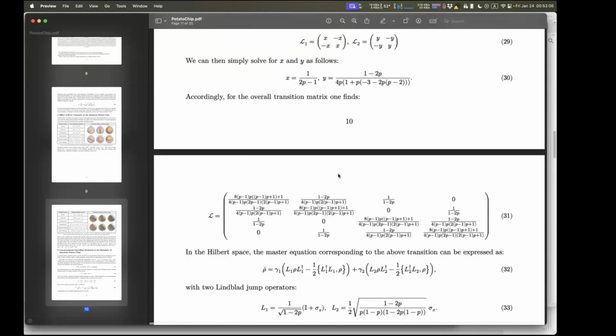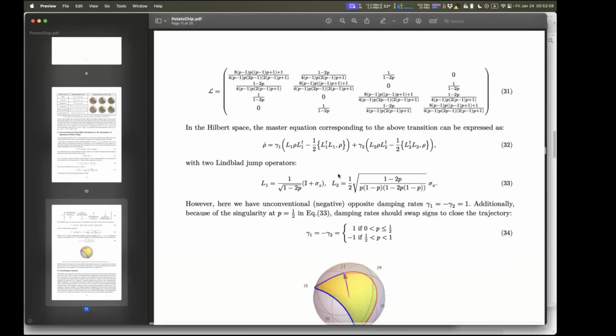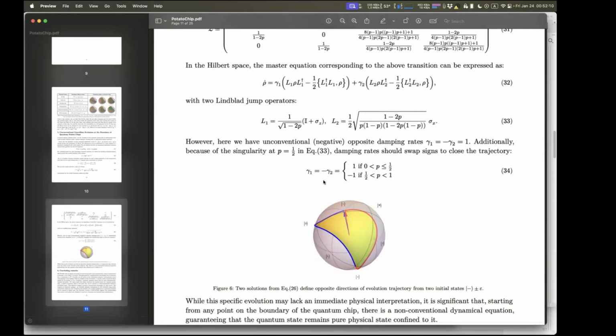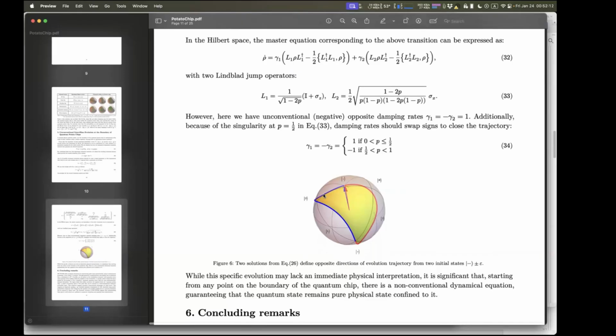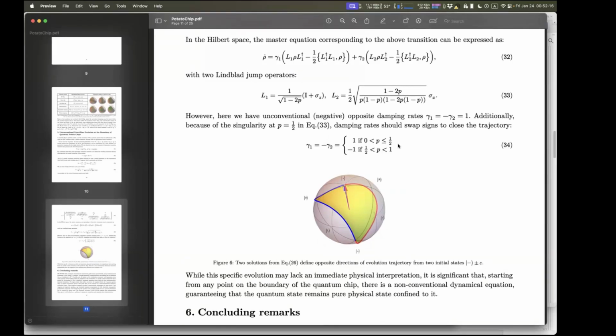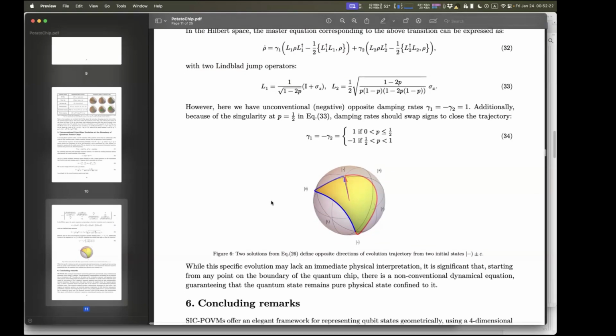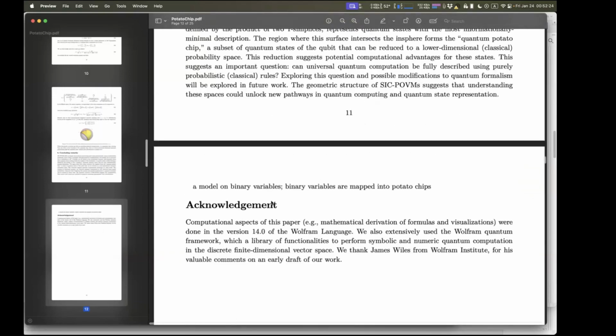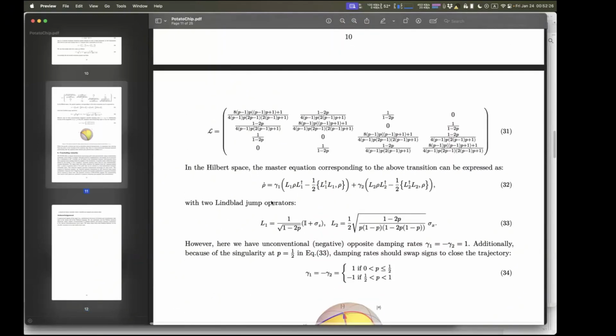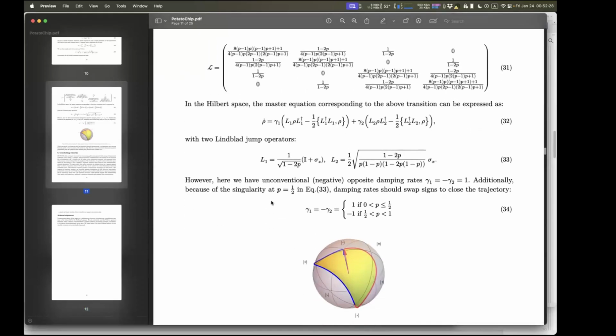And we tried to reconstruct it, and you can almost do it. Turns out it's a little bit unphysical. You can construct one, but there are some negative damping rates that you have to introduce. So it's a little bit unphysical, but at least mathematically you can do it. And that was the paper.